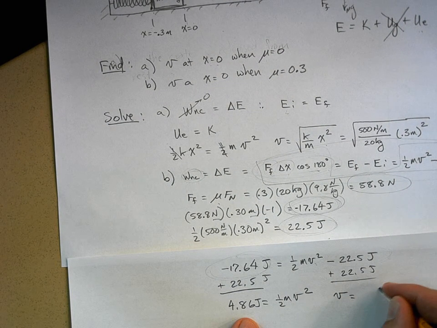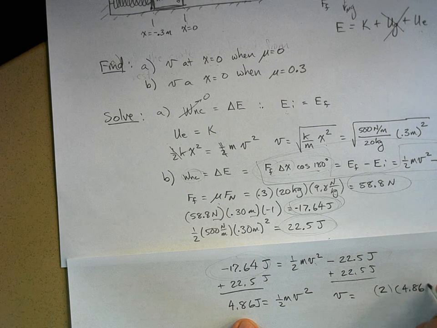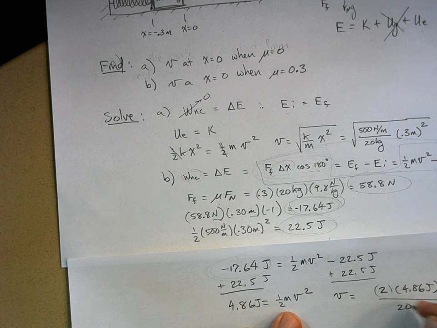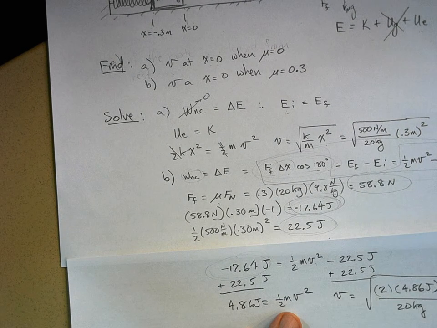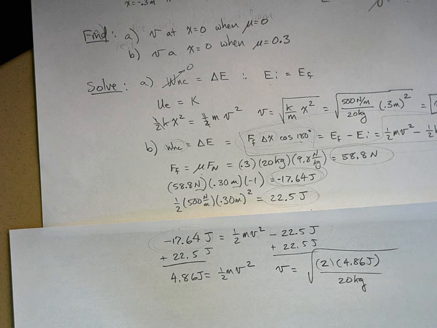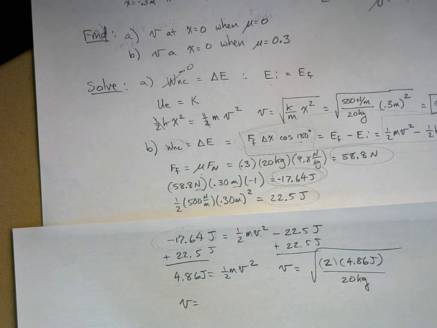Multiply both sides by 2, 4.86 joules, and then divide by the mass, which is 20 kilograms. And then I have to take the square root to get the velocity. And we at last have our answer. You get 0.697, or 0.70.